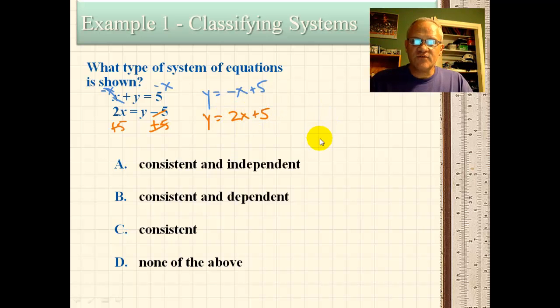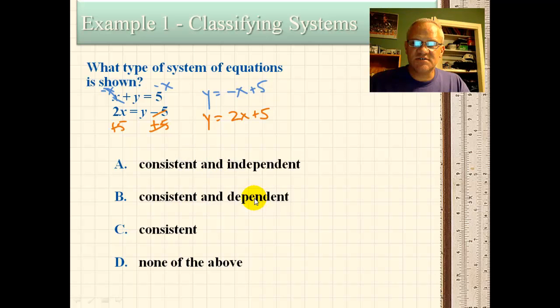Now, I don't actually have to go and graph these, but just look at them, and there's really only two things that I have to pay attention to. Look at the slope, look at the y-intercept. First of all, the slope. Is the slope the same? Nope, it's not the same. So that means it's automatically consistent and independent.